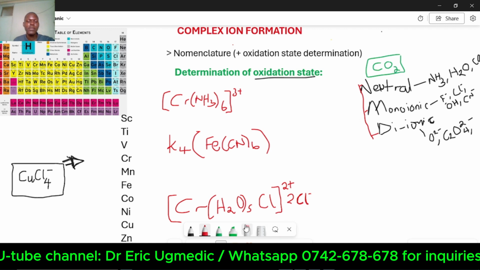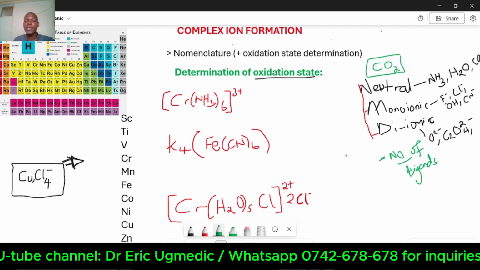So that's the second thing to look at, the number of ligands. However, there can also be different ligands in the same complex. An example is this: you have water, you have chloride.